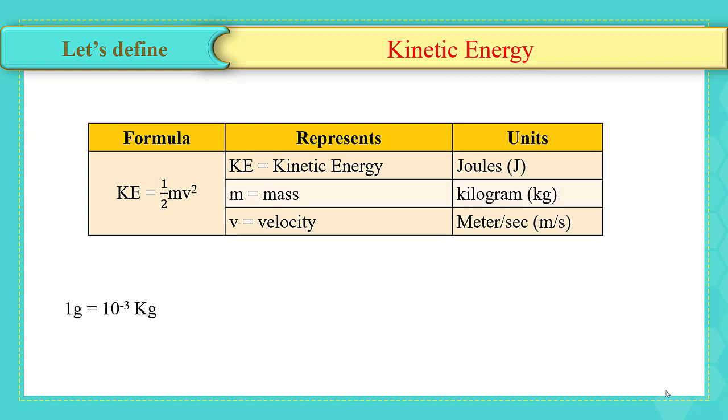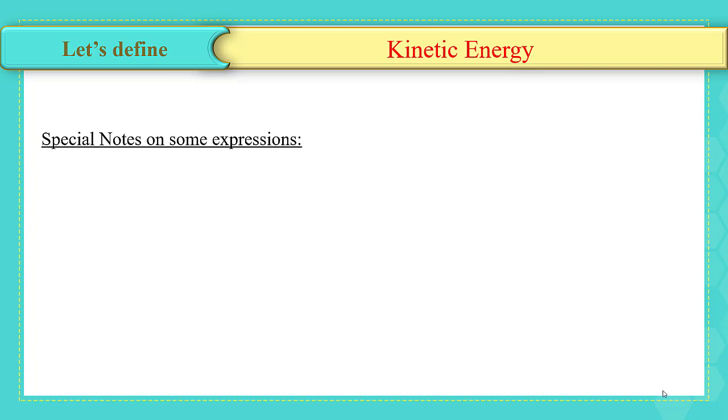However, to convert from gram to kilogram, we have to divide by 1000, and to convert from kilometer per hour to meter per second, we have to divide by 3.6. Please pay attention to these special notes on some expressions. When they say that the object is released from rest, it indicates that the initial speed of this object is equal to 0 and the kinetic energy is also equal to 0.